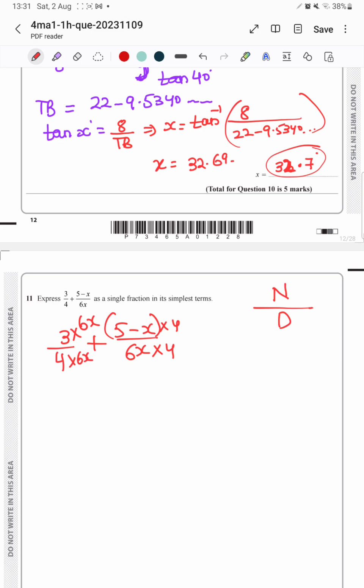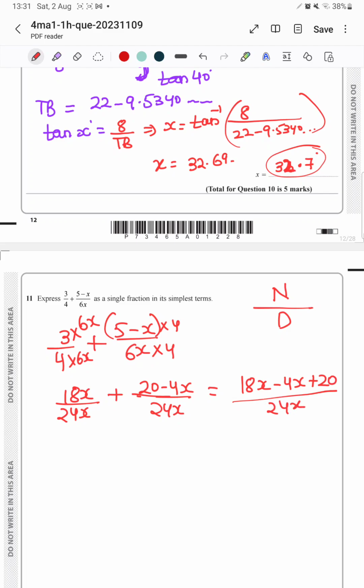Because there are two terms here, I have to keep 5 minus x in brackets. We get 18x over 24x plus (20 minus 4x) over 24x. So now I get 18x minus 4x plus 20, divided by 24x. So from here I get 14x plus 20 over 24x.